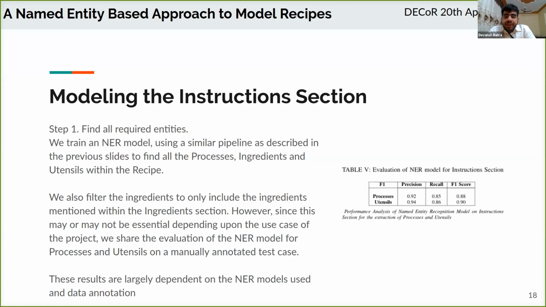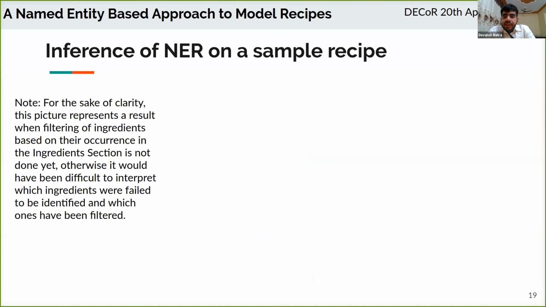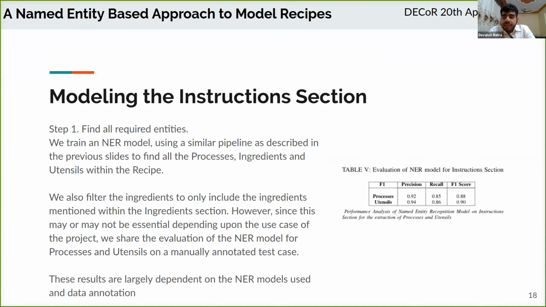Or if an ingredient came from elsewhere and was optional, so it was not mentioned in the ingredient section, that would be labeled as an ingredient. So we have filtered those out. Again, in this case, you can see we have a decent F1 score of about 90%. For processes and utensils, we observed a similar score as for ingredients.